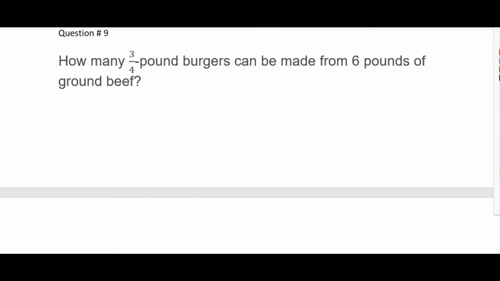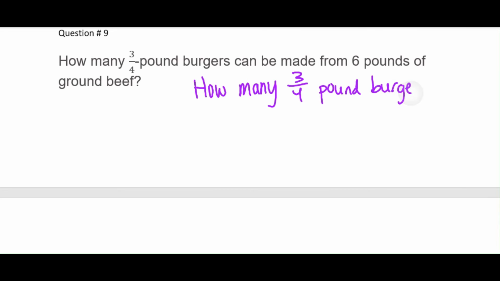How many 3/4 pound burgers can be made from 6 pounds of ground beef? So you have to know what the question is. You're trying to figure out how many 3/4 pound burgers are in, or can you take from, 6 pounds of ground beef.